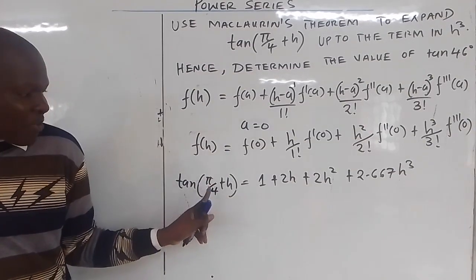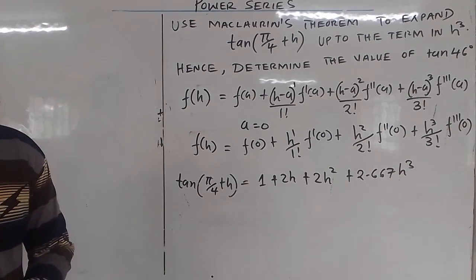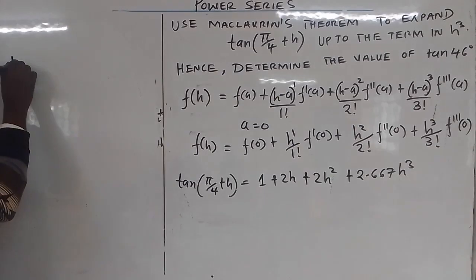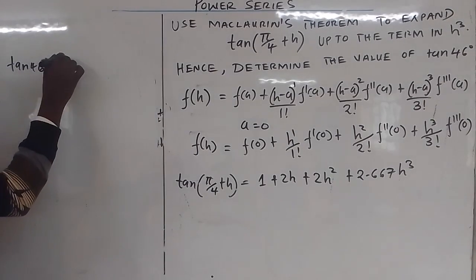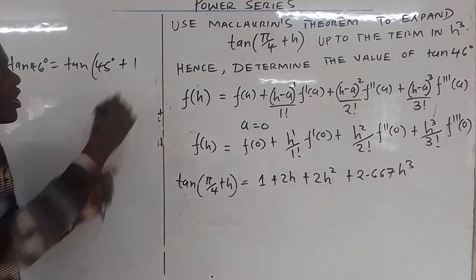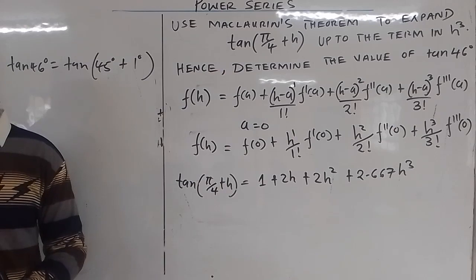You now know pi over 4 is 45 degrees, isn't it? So when you are given tan 46, this is now how you write it. Tan 46 degrees is now going to be tan 45 degrees plus 1, because 45 plus 1 degrees, because 45 is pi over 4. Are you seeing that?